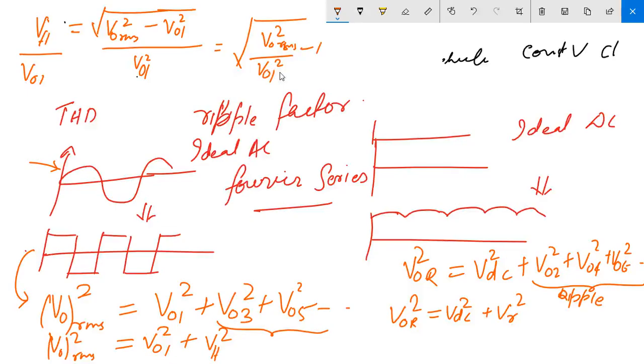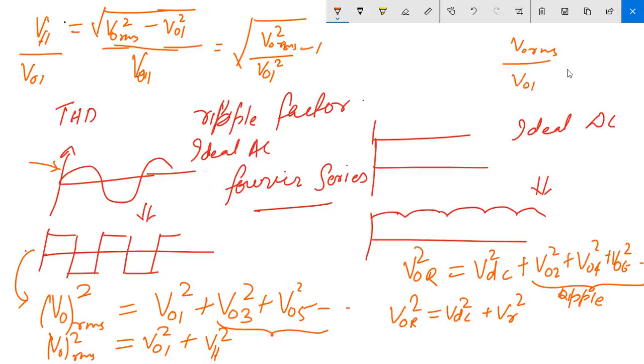So we are dividing it with V01 and taking it inside the root, and we get the term V0 RMS upon V01.